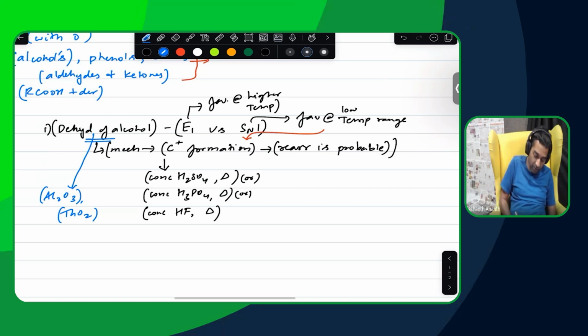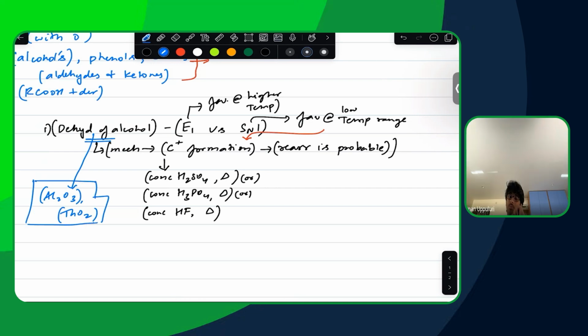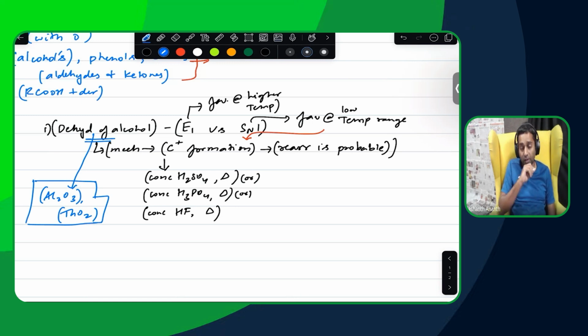So you'll have to confirm based on what type of data is necessary, depending on the type of exam you are considering. If you're considering a JEE Mains exam, you don't need to bother so much. If you're considering a JEE Advanced paper, you more or less do not need to worry so much. But if you're considering an internal paper, yes, you might have to bother about these kinds of things.